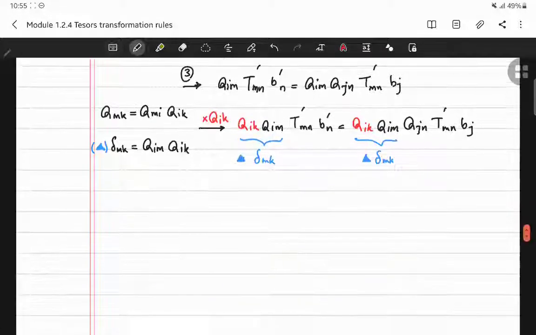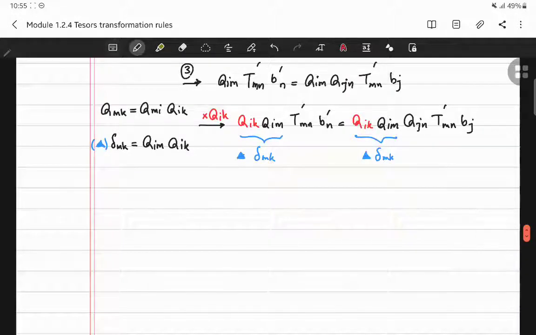All right. So here it says that m is equal to k. So I leave it as m here. I don't have any k. So this becomes T prime mn B prime n is equal to, here m is equal to k, so I only have this m here, so I don't change it. I leave it as it is. T prime mn B_j.